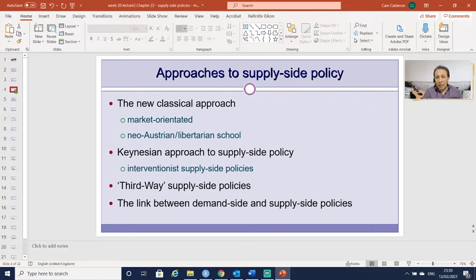Among the Keynesian approach to supply side policy, we have interventionist supply side policies. As I said before, we are going to cover the interventionist supply side policies later on. But we also have third way supply side policies.